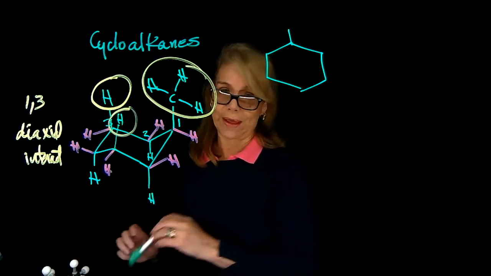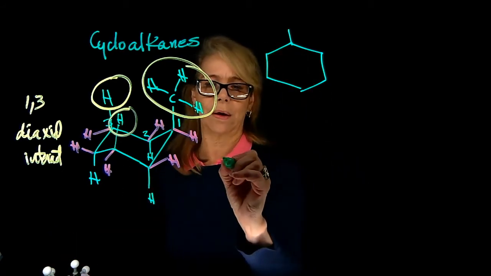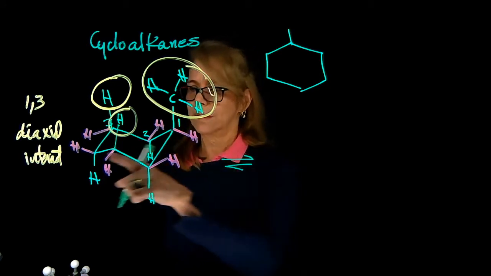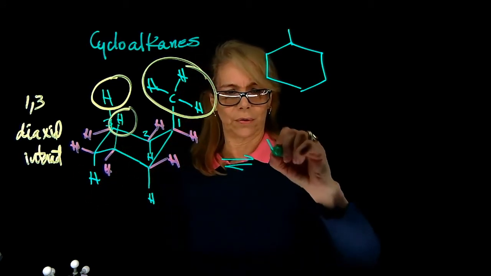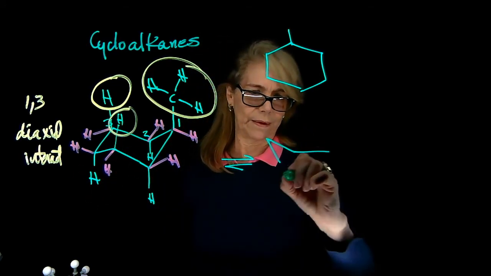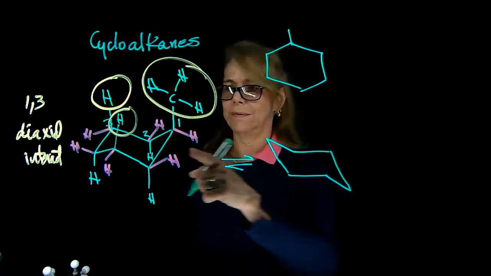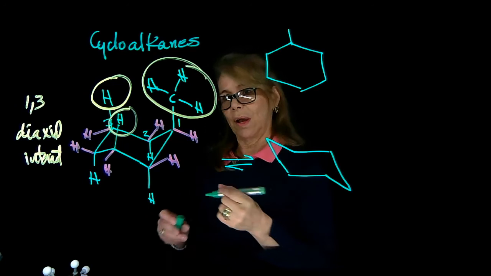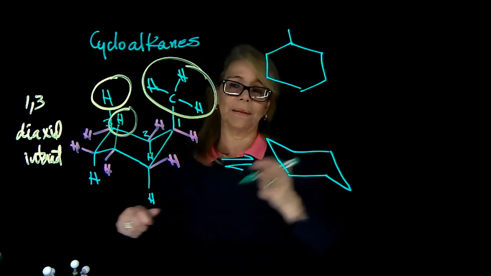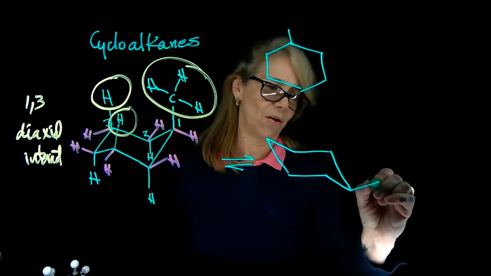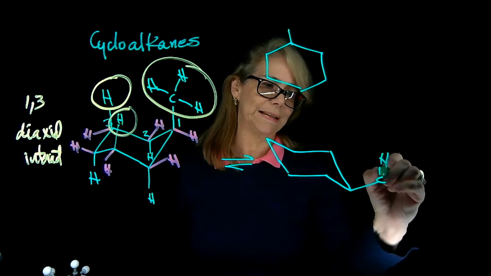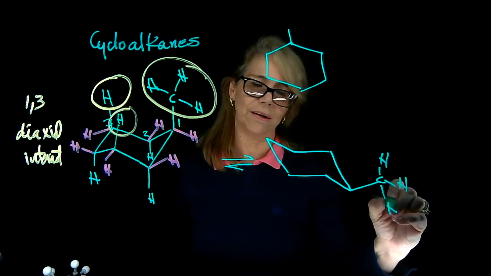So let's draw the ring flip. This corner that was down, I'm going to draw up. Then this is the central part. And this was up, I took it down. And so now the methyl that was axial is now equatorial, drawing explicitly the hydrogens.